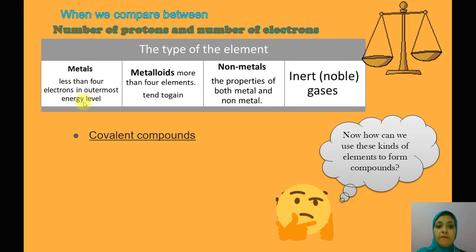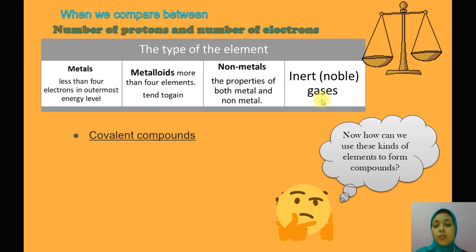So if we have metals, they tend to lose electrons to be like the inert gases. If we have non-metals, they gain electrons to be like the noble gases or inert gases.